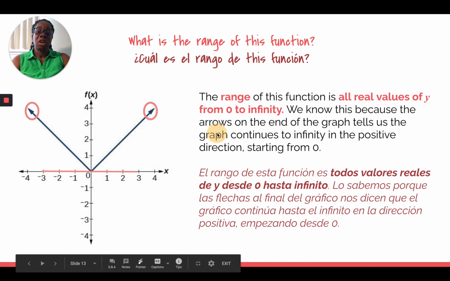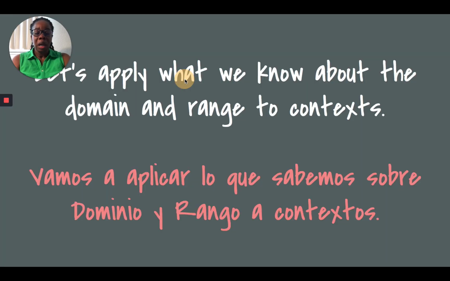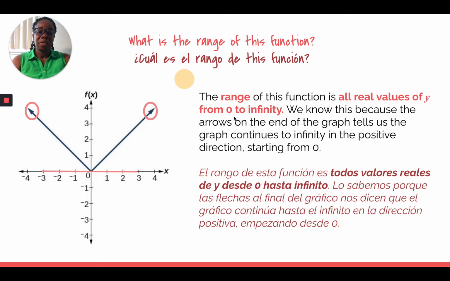Therefore, the range of this function would be all real values of y from 0 to infinity, because we notice the arrows on the ends of the graph, and that tells us that the graph is going to continue to infinity in the positive direction, and it starts at 0. Okay?